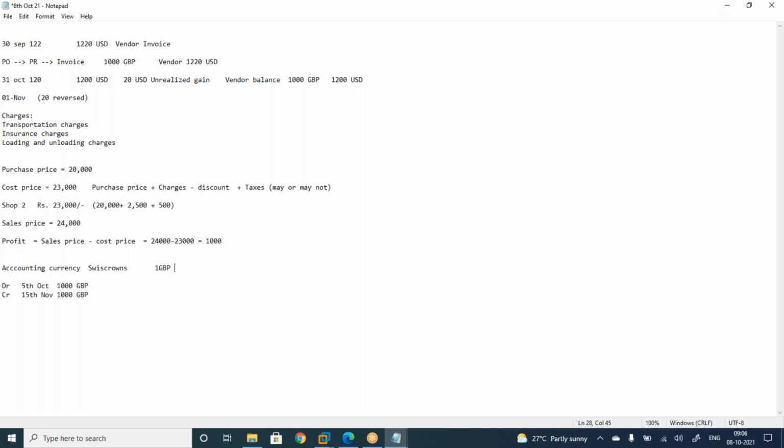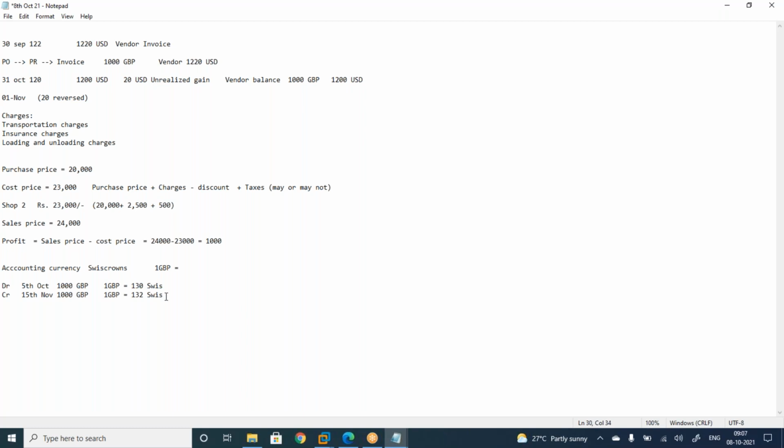If it is different, suppose on this date it is, I don't know the amount actually, 130 Swiss crowns, and here it is 140, suppose 132. Then in the accounting currency, it will not be tallied. Agree with me?